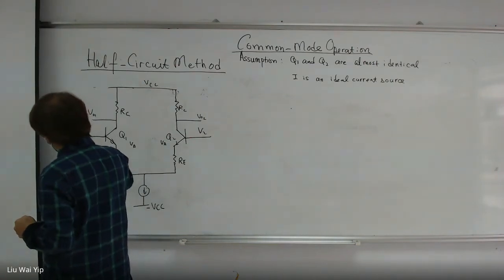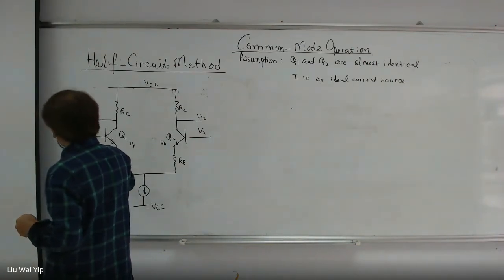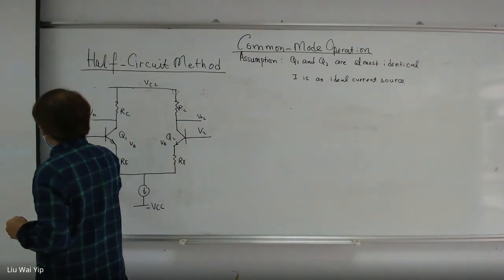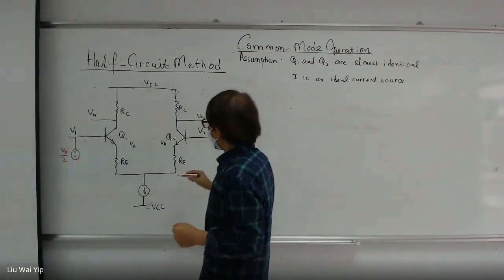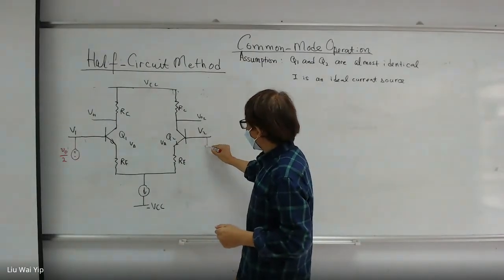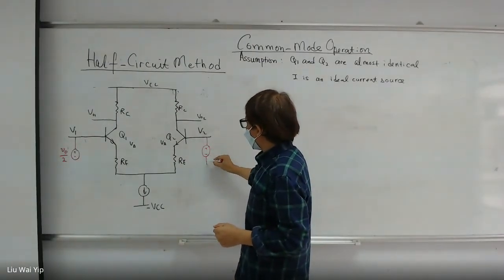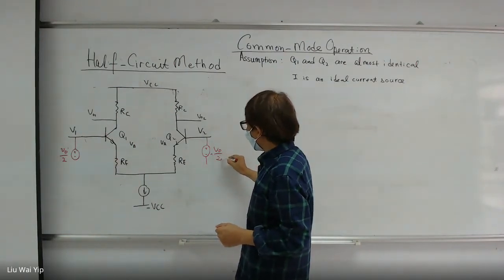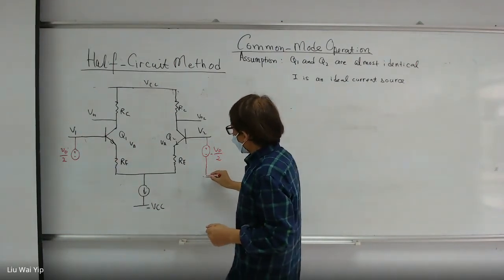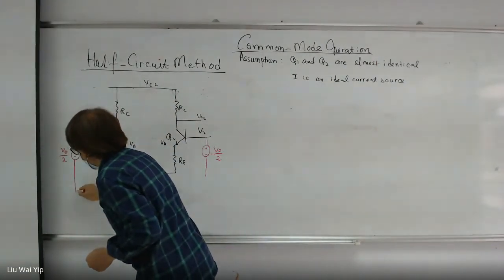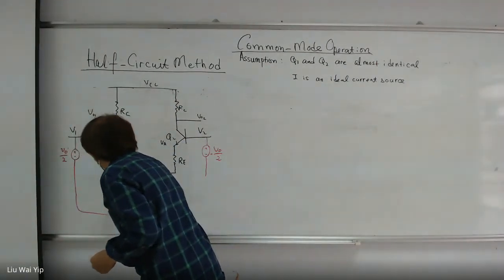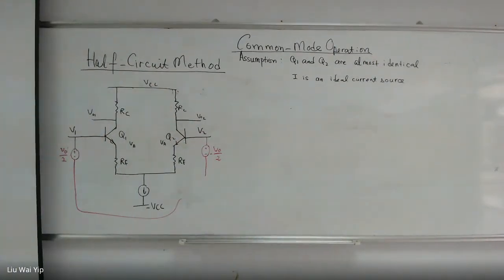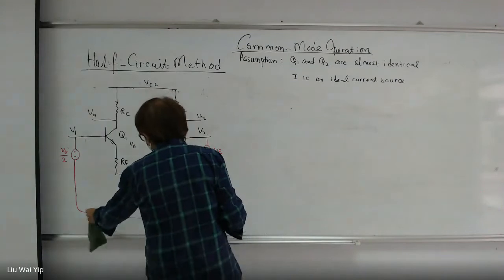V1 is equal to Vd divided by 2, and here you have minus Vd divided by 2. And they are commonly laid together.